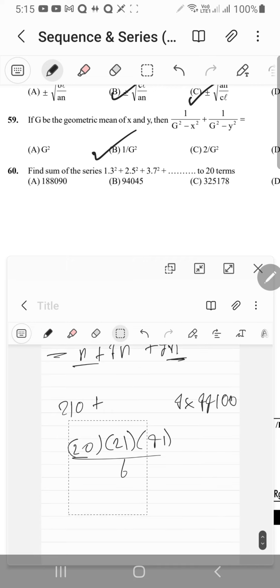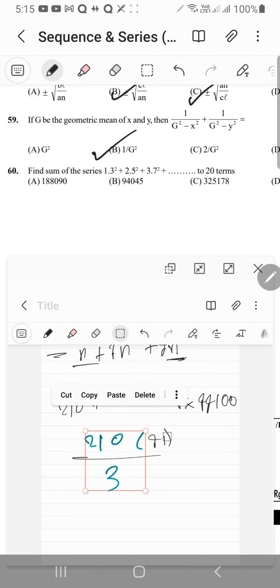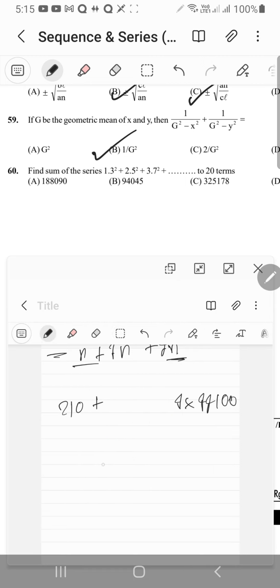So we know all of this is just 210. This is 210 upon 3, basically. So it's like 17 times 41. 0, 7, 28. So it's 2870.